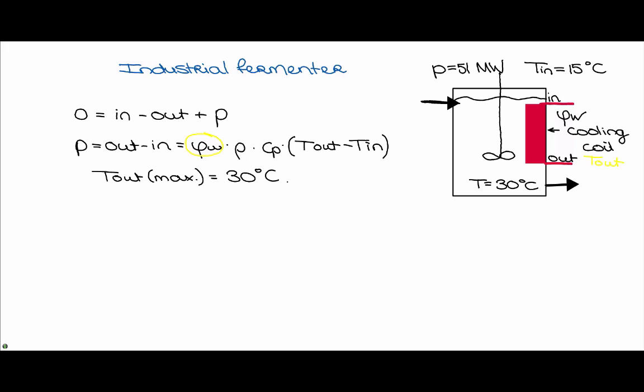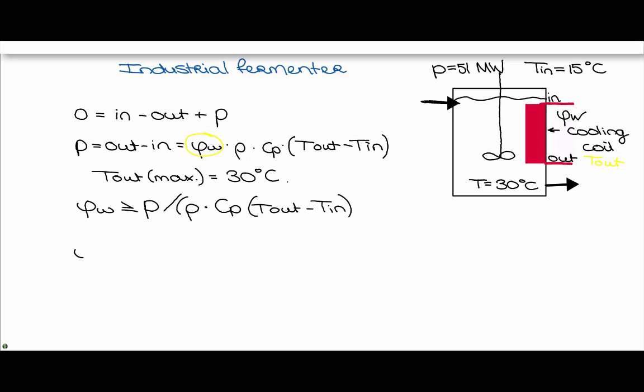If we fill in all this information in the equation and we write the equation in the form of the flow rate, we get VW has to be higher. That's very important because you calculate the minimum. It has to be higher than the production divided by the density, divided by the heat capacity of water, divided by T out minus T in.